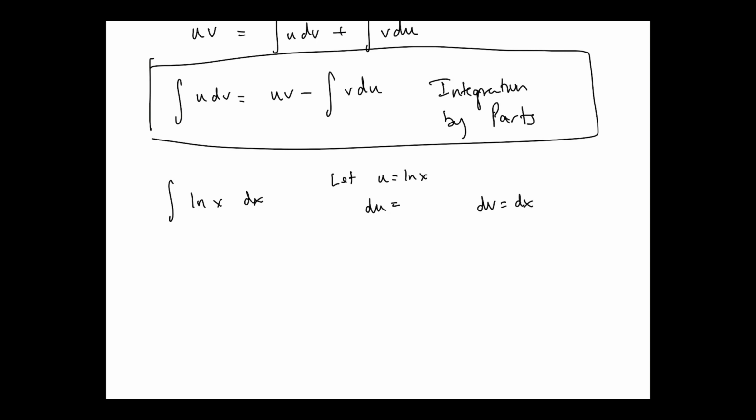No, because we're doing a derivative, not an integral. 1 over x dx, right, because it's a differential. Okay, so we took the derivative, or really the differential of u, to get du. And then on the other side, we're going to take the antidifferential of dv to get v, right? So in this case, it's really easy. If dv is dx, what's v?